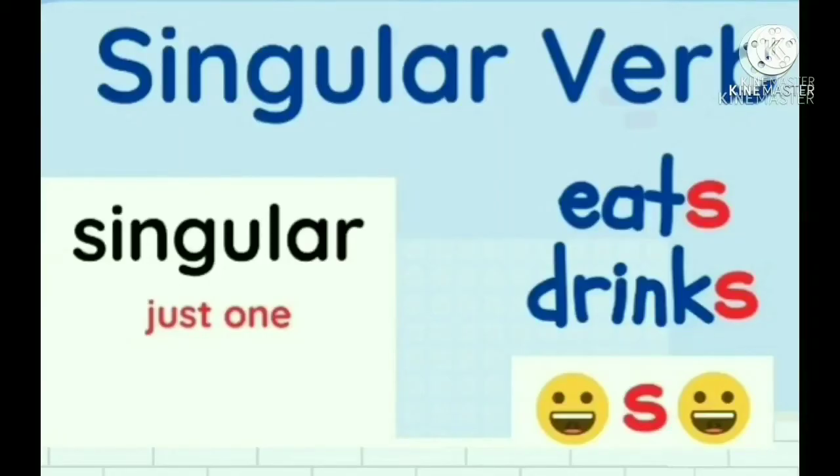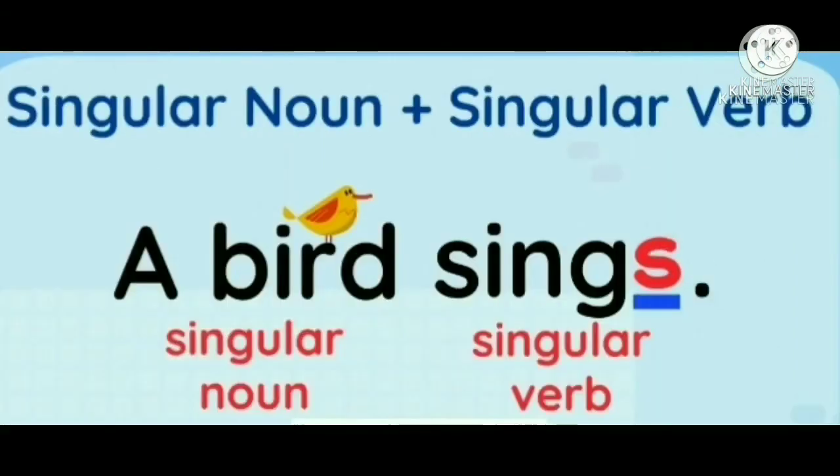That's why we are putting an S or ES at the end of the singular verb. Okay? It is easy when you keep this one in your mind. So, singular verb always has an S or ES at the end. Example, eats, brings, etc. Okay?